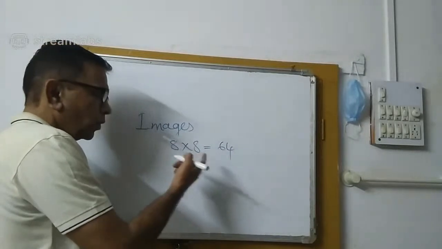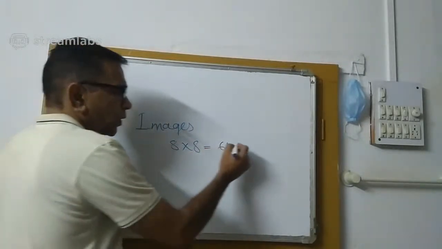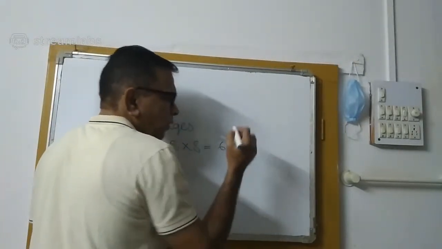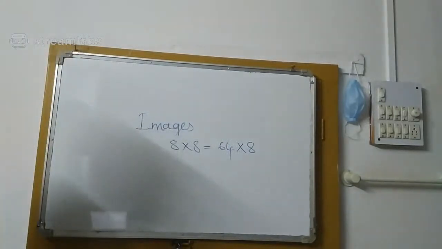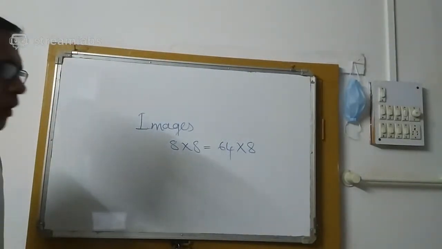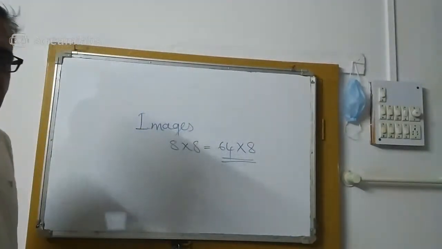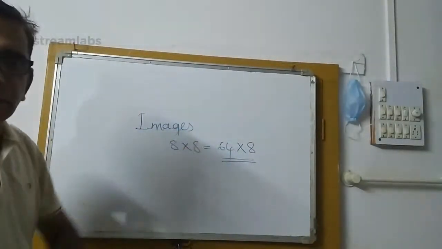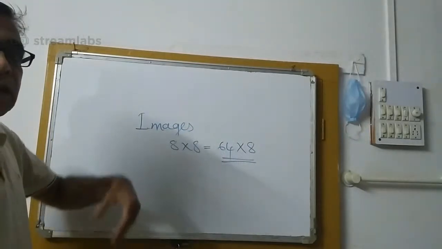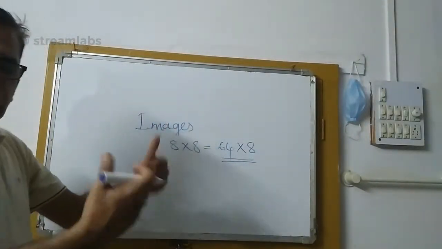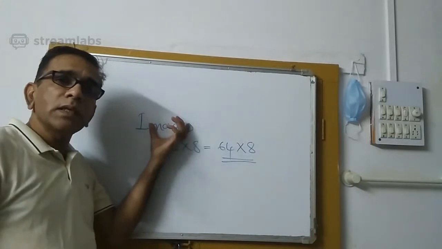Now if it is a grayscale image, you need to multiply this by 8, which will give you the number of bits the image is represented by, that is, how many bits will be generated by this image.